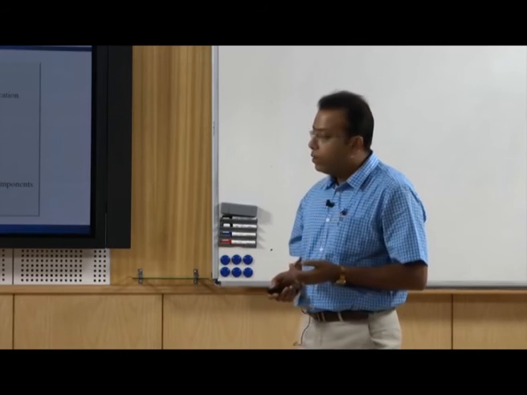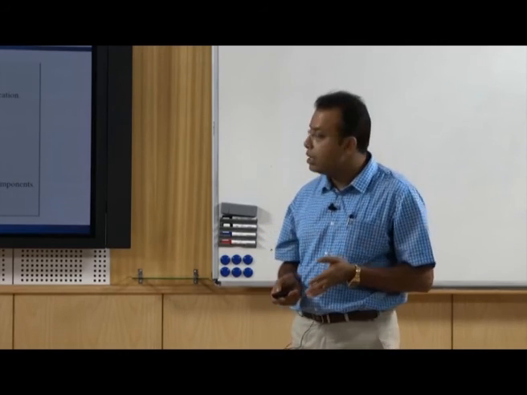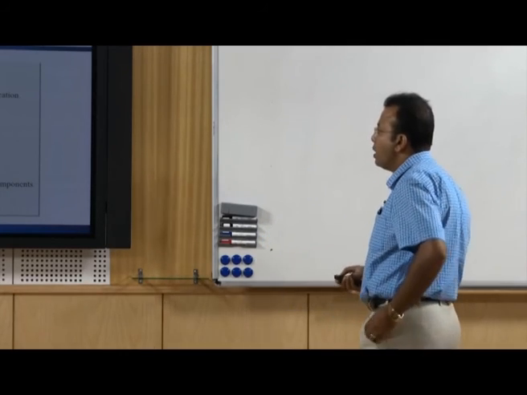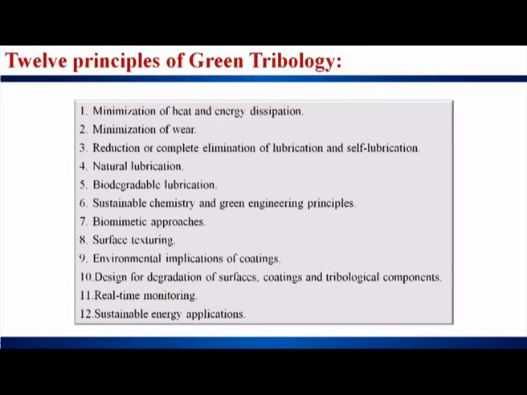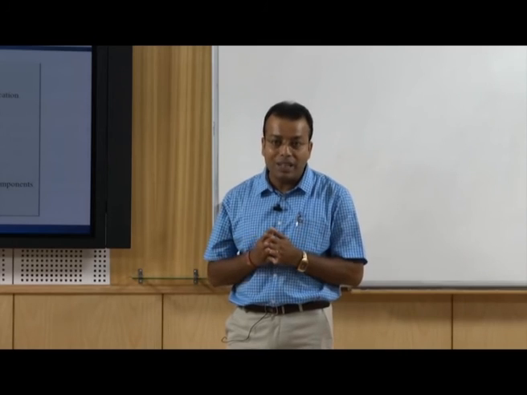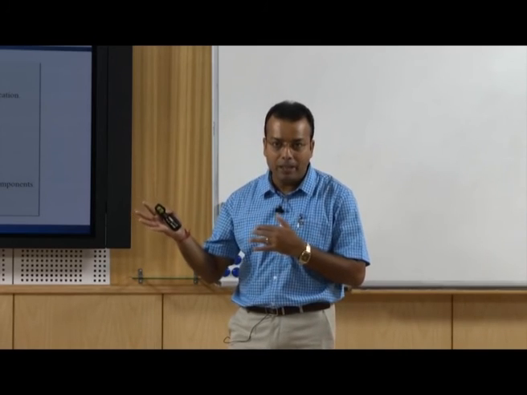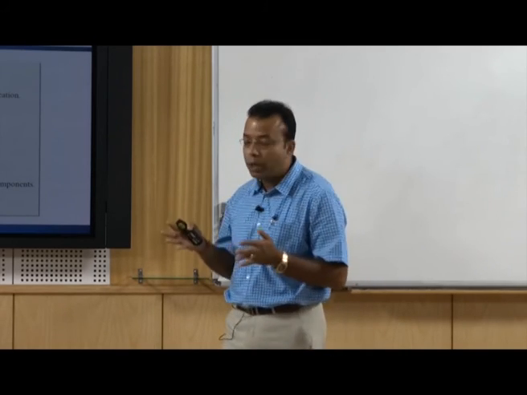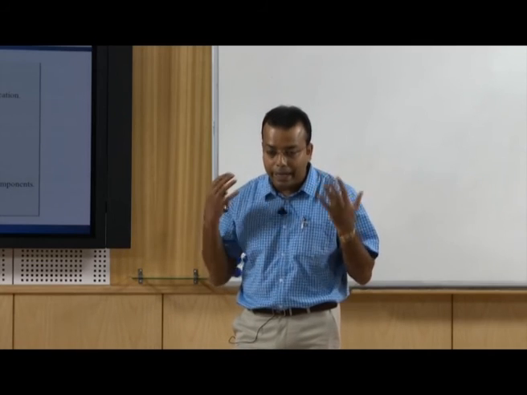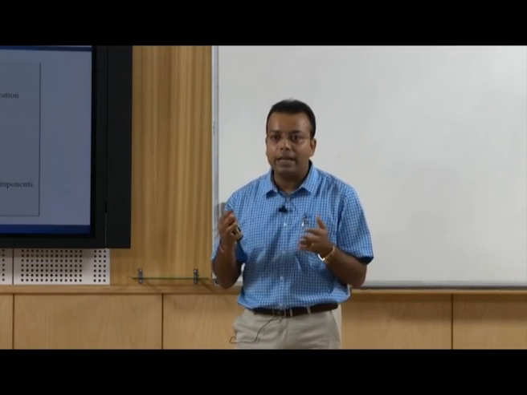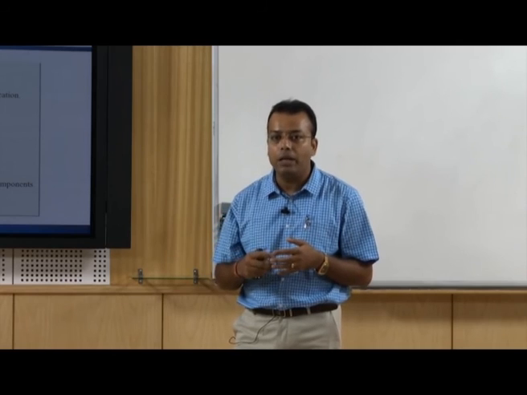There are 12 principles which deal with green tribology. First one is the minimization of heat and energy dissipation. So whatever material we are preparing should not release much heat to the environment, or produce high energy that could harm human beings or animals.